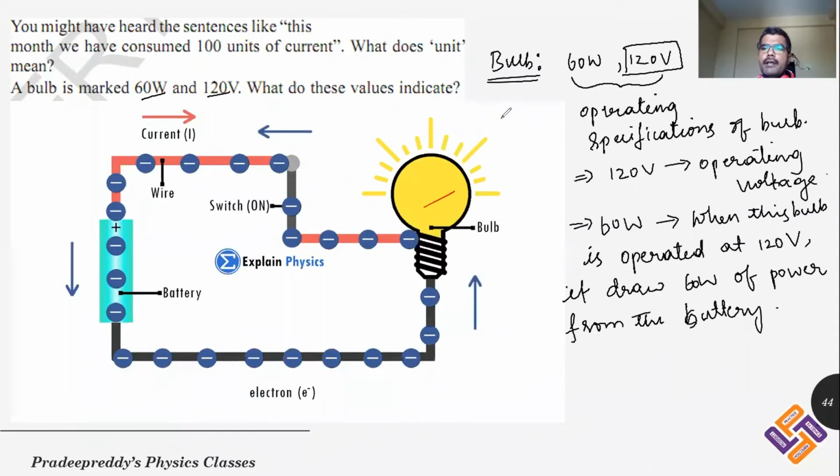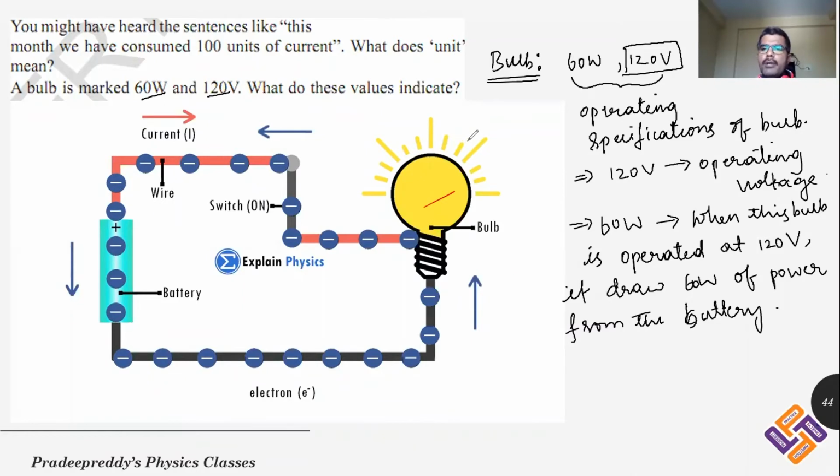Bulb will burn because of very high heat developed in the circuit. That is the reason why every electrical consumer has one operating voltage, and that operating voltage should not be exceeded when you are using that electrical component. If it is less than the operating voltage, no problem.